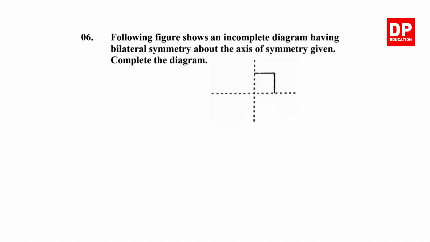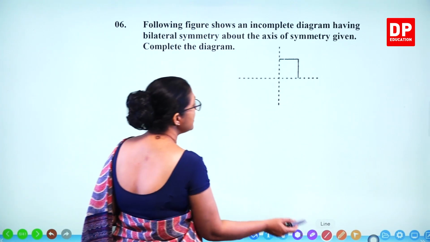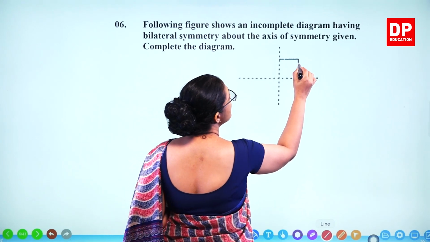Question number 6. The following figure shows an incomplete diagram having bilateral symmetry about the axis of symmetry given. Complete the diagram. That means you can complete the other part. These are the 2 axes of symmetry.